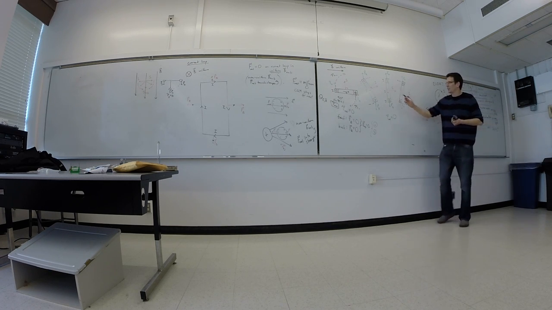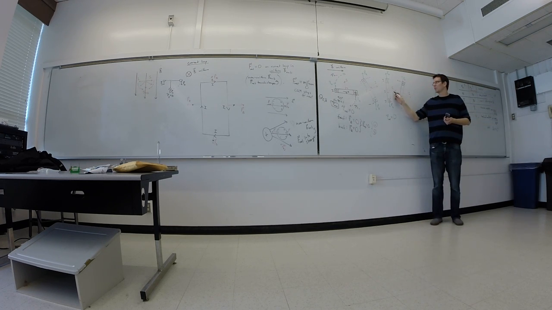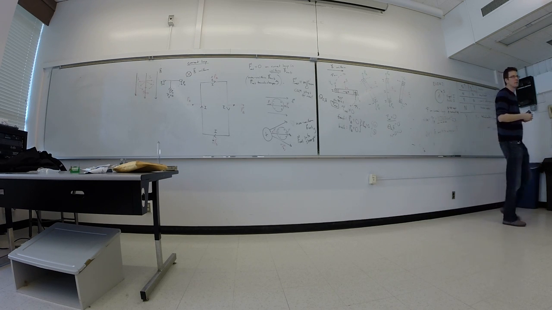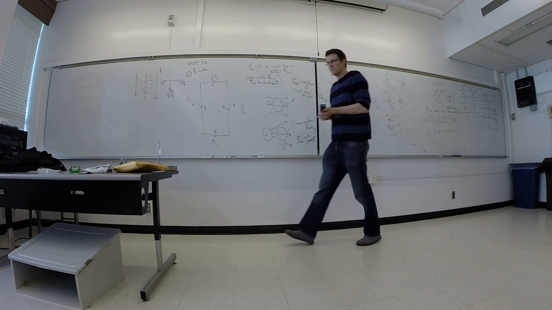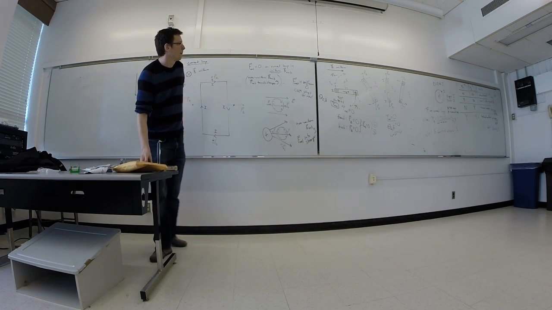What angle would I put right here? What's the angle between the normal vector and magnetic field right here? 0. The theta between N and B is 0. What's sine of 0? 0. So again, no torque. Okay?